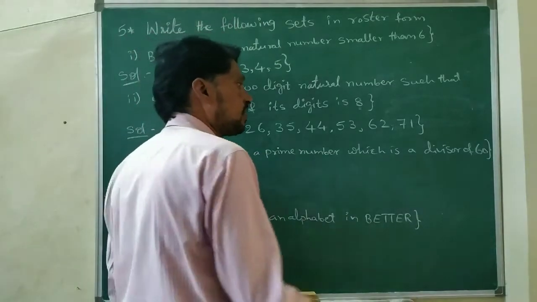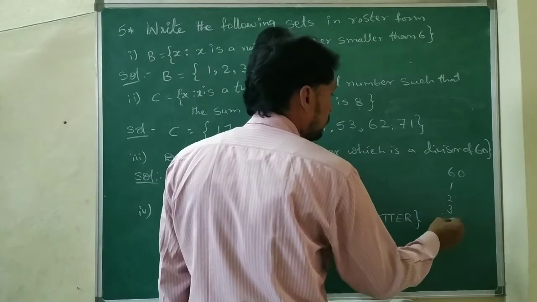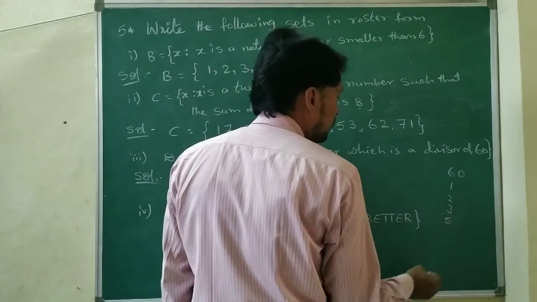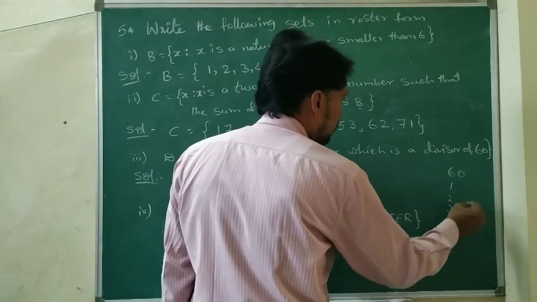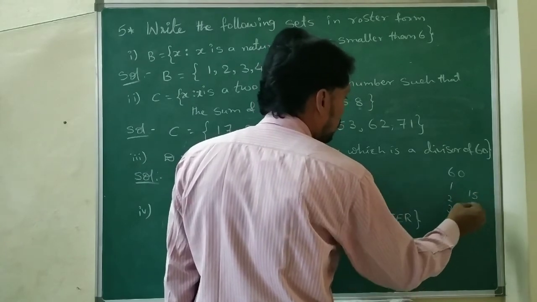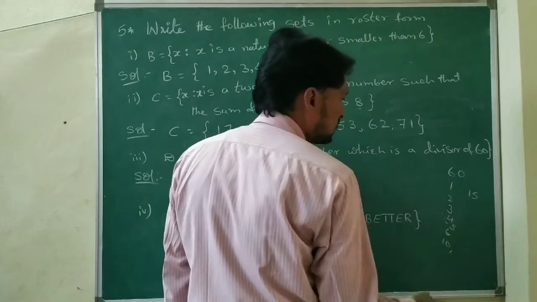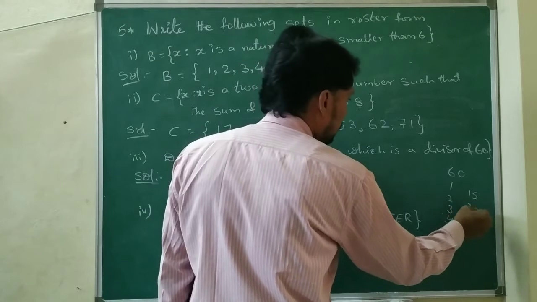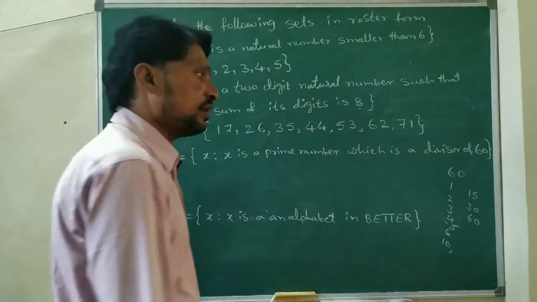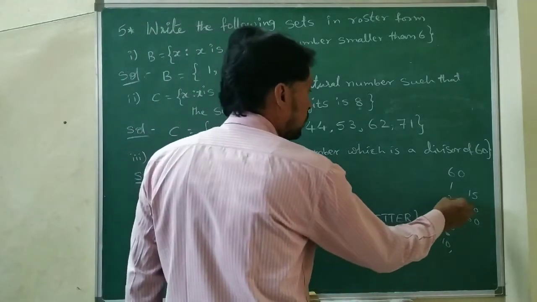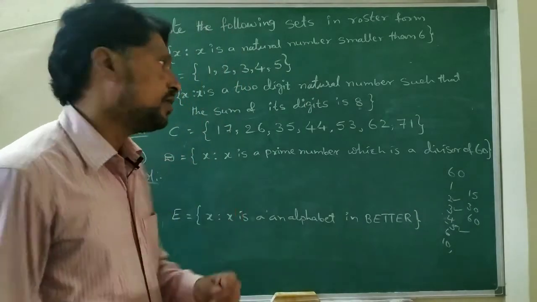So what are the divisors of 60? 1, 2, 3, 4, 5, 6, 10, 12, 15, 20, 30 and 60. In this we need to take only prime numbers. So 2 is a prime number, 3 is a prime number and 5 is a prime number. The remaining are all composite numbers.